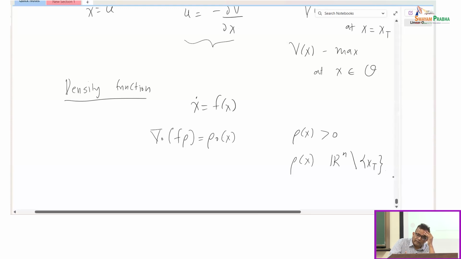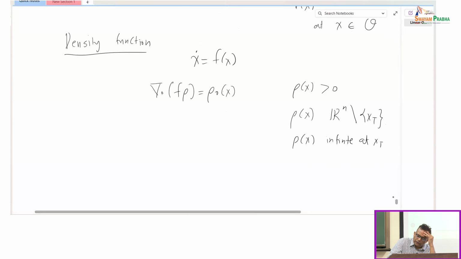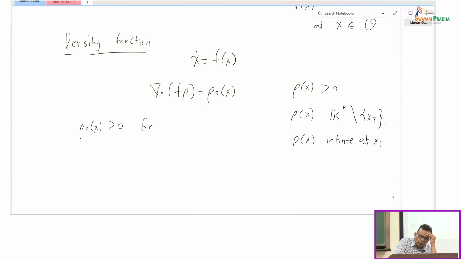Because rho of x will have a singularity at the target set. Okay? Now, if you have a function like this, and then rho 0 of x is some function which is bigger than 0 for all x in a small neighborhood of the x0.